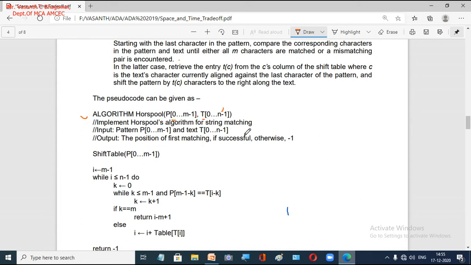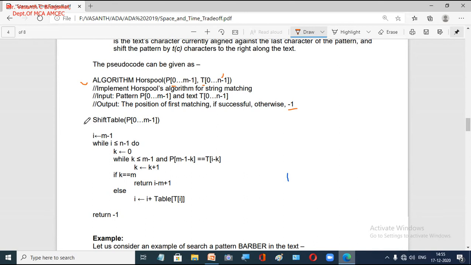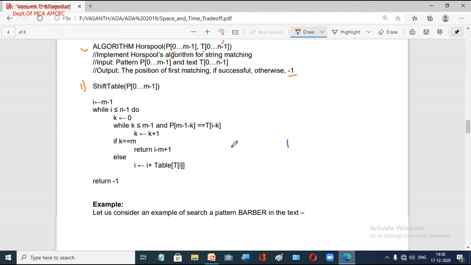The output is, if found, you display the first position, else you return -1, string not found. So the first step is you call the function shift table by passing your pattern. It creates the shift table for all the characters in our pattern. Clear?